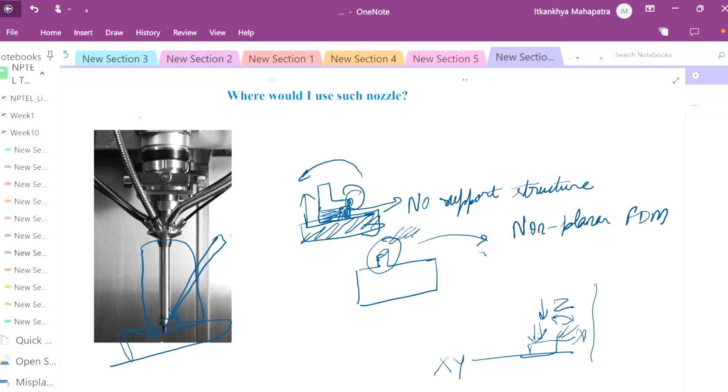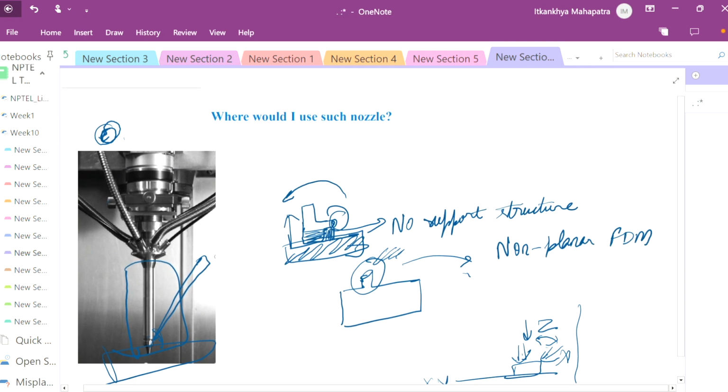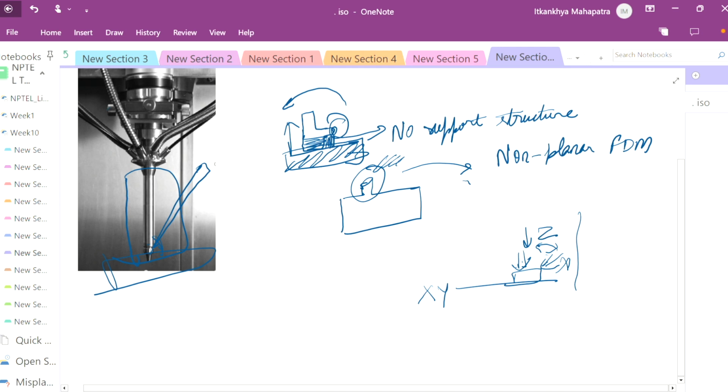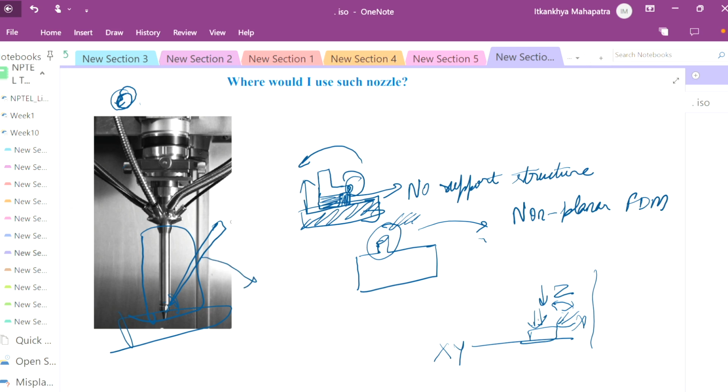We can make some grooves. As I already said, if the nozzle size is very small, it will try to strike the already deposited part. So if we have a long nozzle, it will be easier to manipulate and control the motion of the nozzle. So these are the places where we can use such a type of nozzle.